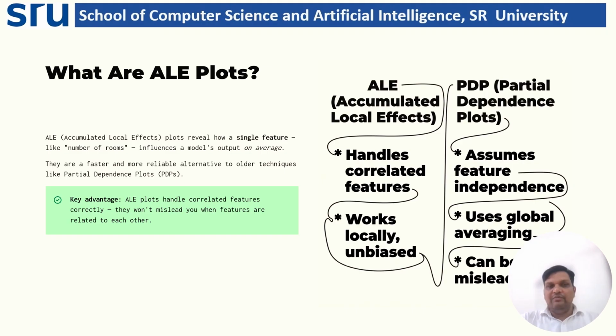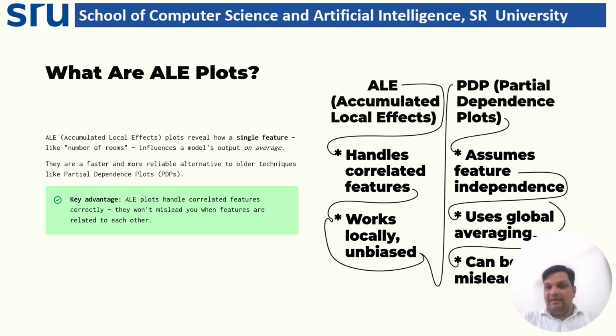ALE, accumulated local effects, handles correlated features and works locally, unbiased. PDP, partial dependence plots, assume features are independent and use a global average, which can be misleading.